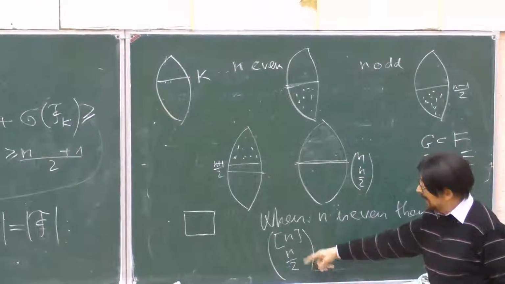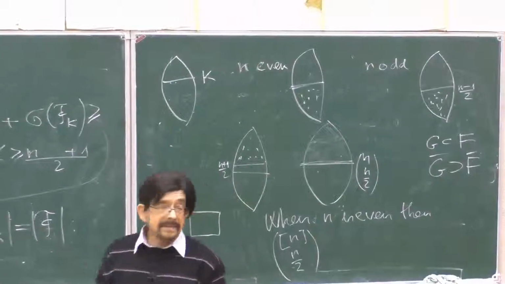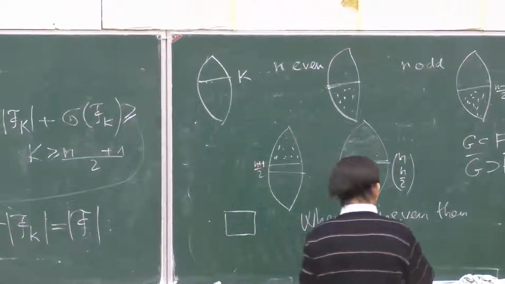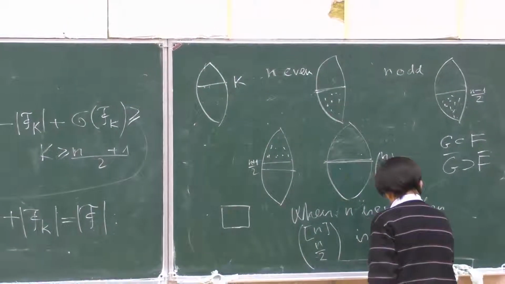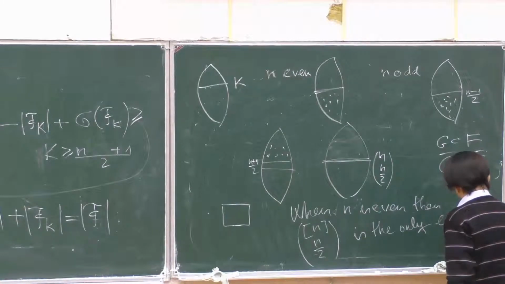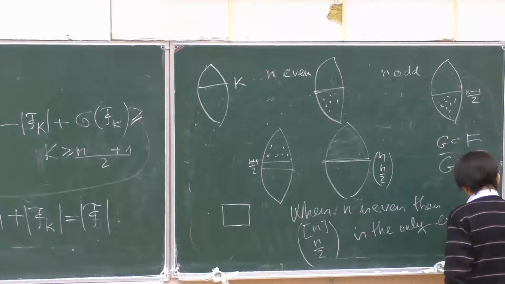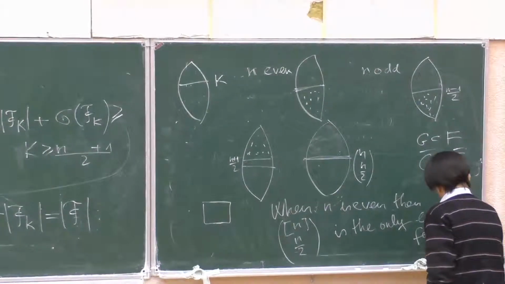So all n/2 element sets of the n element set. This is the only extremal family.